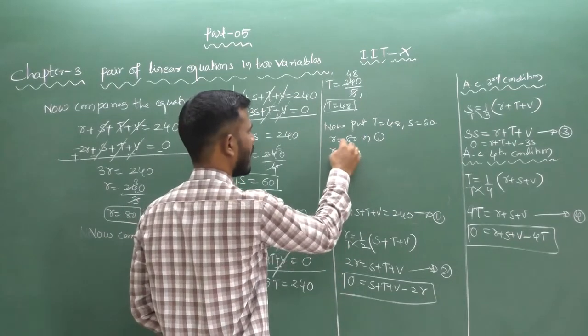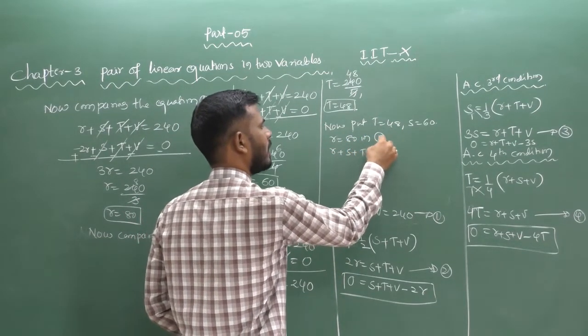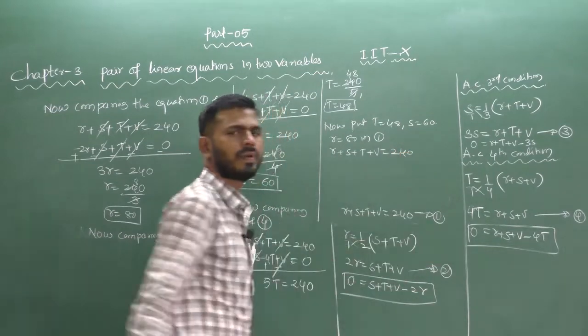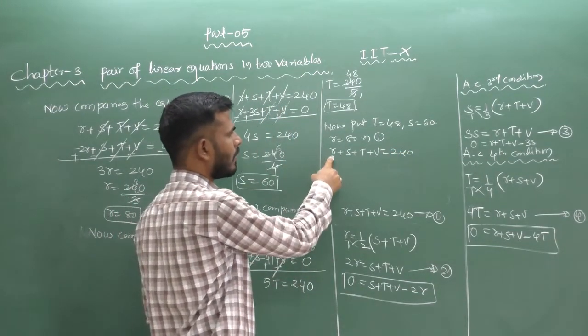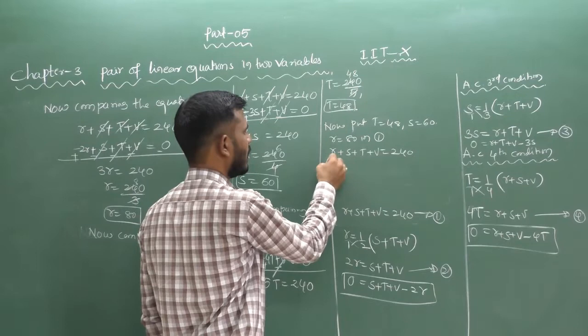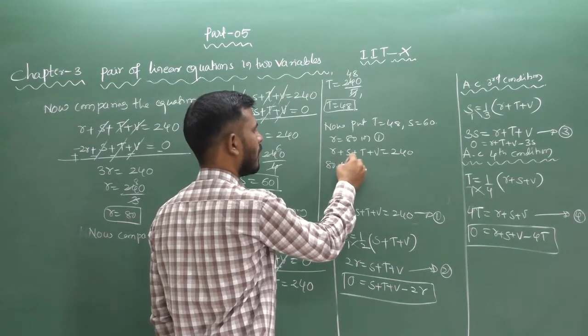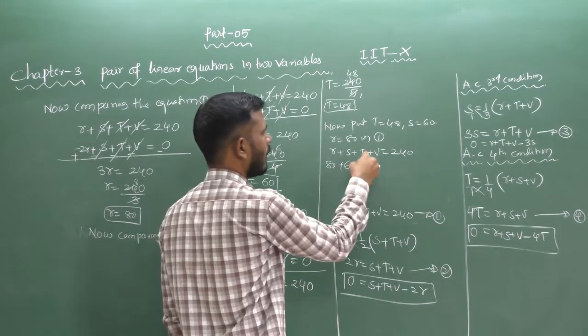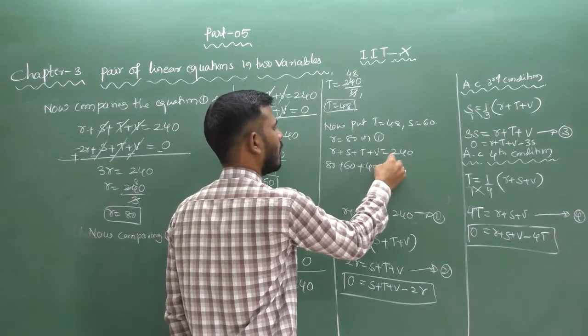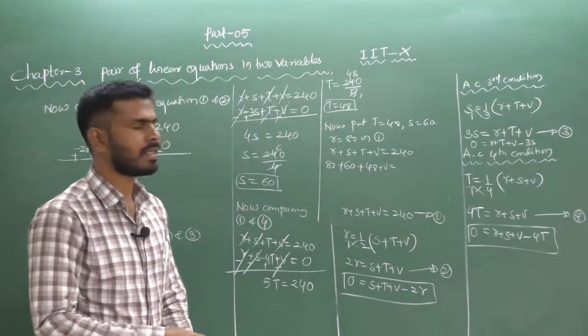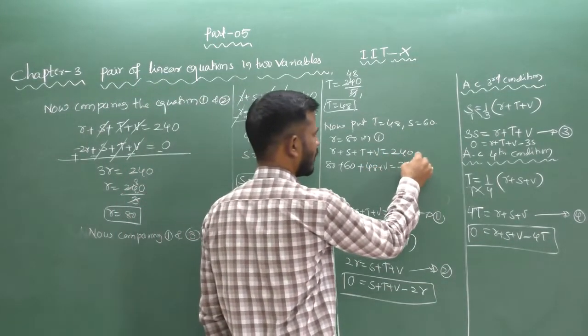Equation number 1 is r plus s plus t plus v equal to 240. Substituting, r is 80 rupees, Shyam had 60 and Tarun had 48. Varun you don't know, keep as it is, equal to 240.